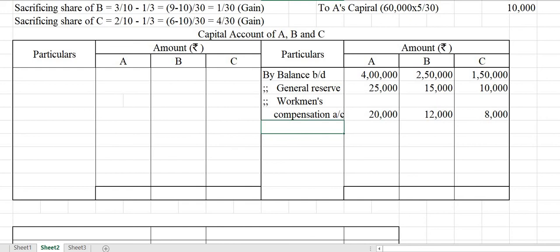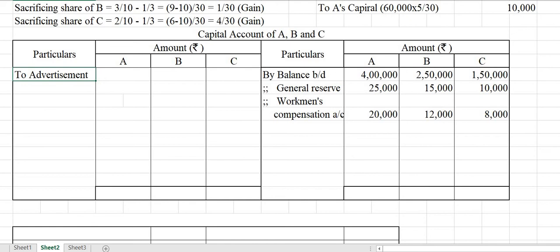credit side, all the entries are over. Let us see the debit side, because on the asset side there is a deferred revenue expenditure. Advertisement suspense account is there, that is equal to sharing of loss. That also we have to show here. If there is a loss on the asset side, instead of profit, it will be shown on the asset side, so that will be debited to partners' capital account.